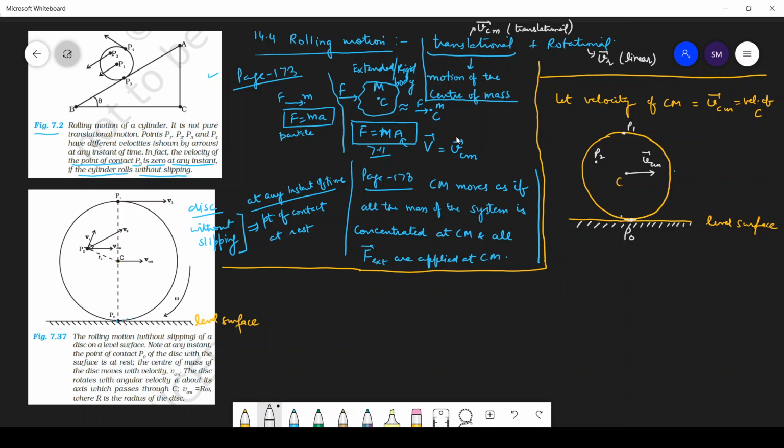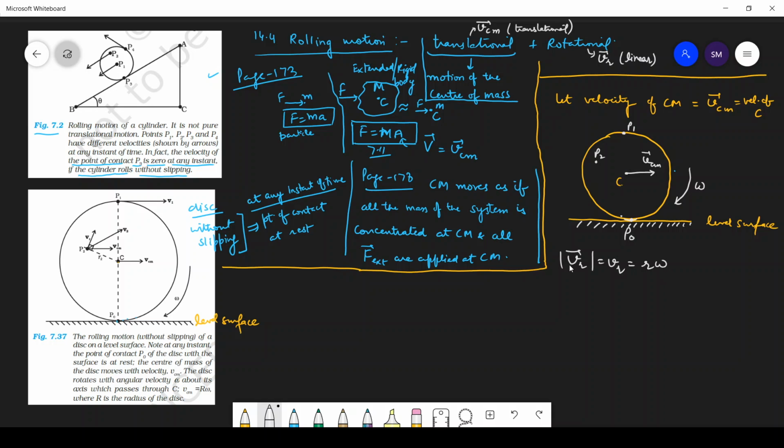Now, what will be the magnitude of this VR? You can write it like this or like this. That's equal to R into omega, where omega is the angular velocity, the angular speed.